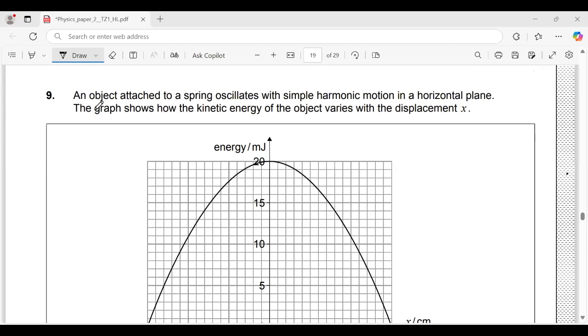Number 9, an object attached to a spring oscillates with simple harmonic motion in a horizontal plane. The graph shows how the kinetic energy of the object varies with the displacement x. This is the graph.